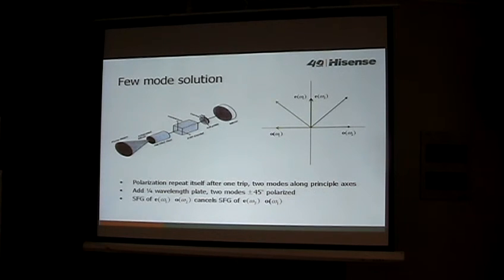Then they can interfere with each other constructively. But another thing we didn't mention is that we also require the polarization after one trip to repeat itself. Otherwise, we cannot get constructive interference. This can be very easily achieved if there is no birefringent element inside the cavity.